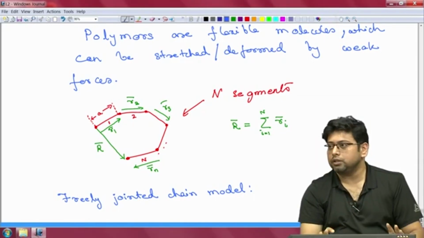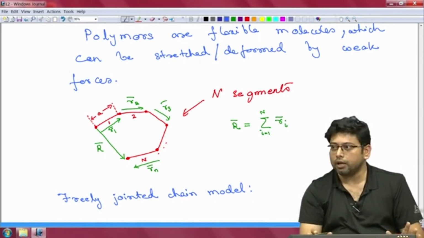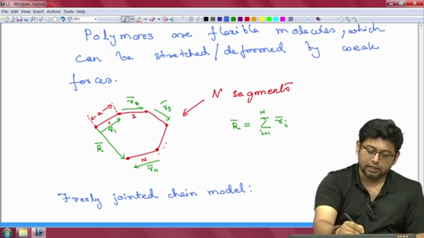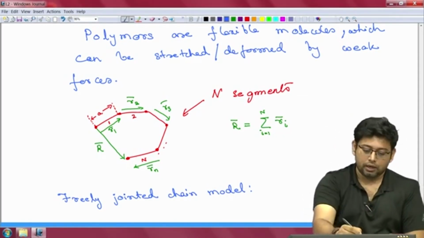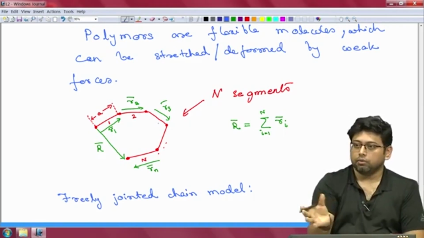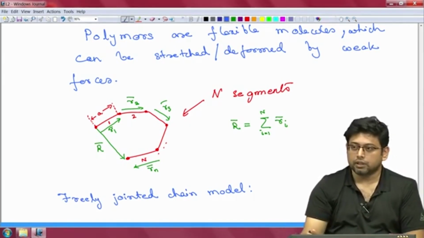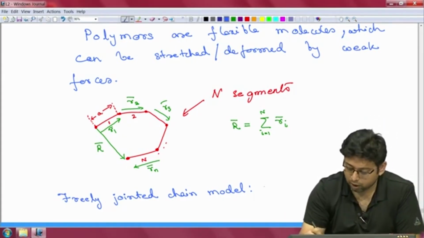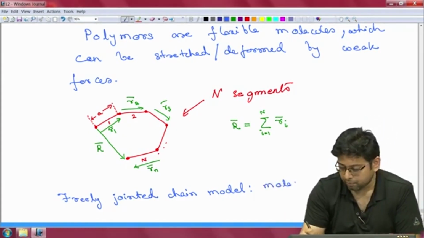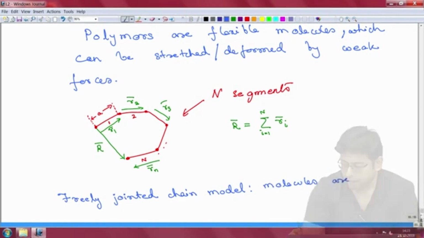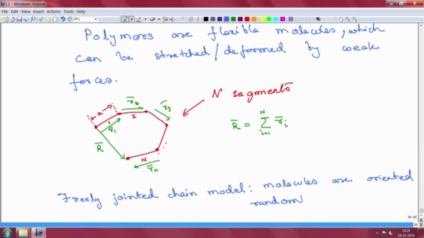So, here what we will do is forget about that steric part, and we will assume that this theta angle around which these individual segments are oriented is a random number independent of each other. So, we will say that the segments are oriented randomly and independent of each other.